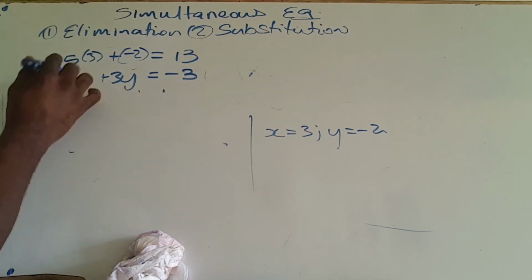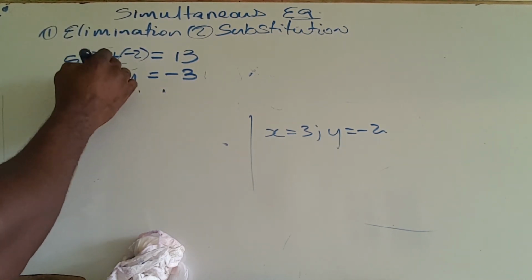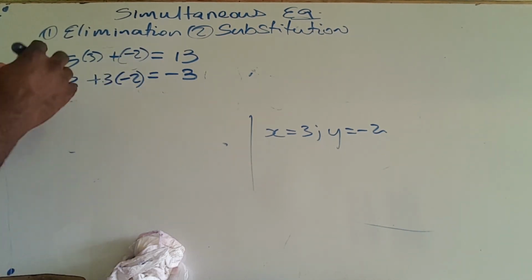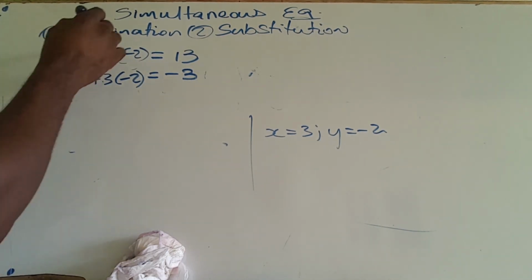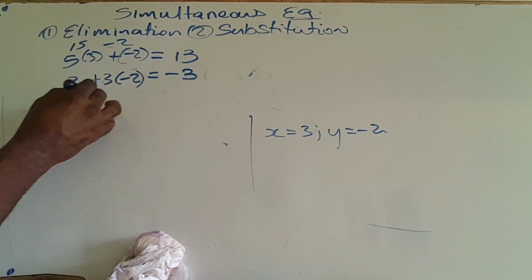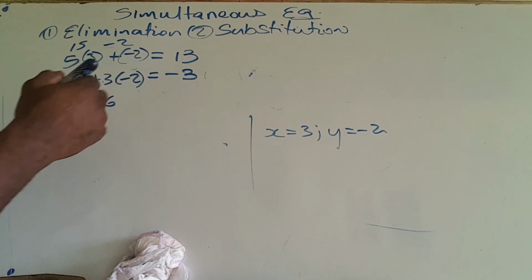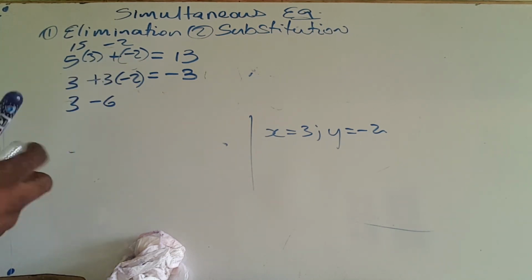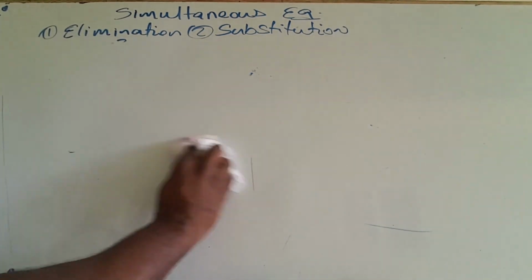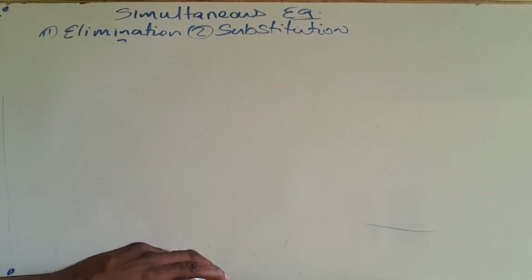And this is going to be 3, and then this is going to be -2. So this is saying 15 minus 2, which is 13, and this is 3 minus 6, which is negative 3. So yes, we could see that it works, right? All right, good. So that's us looking at the elimination method.